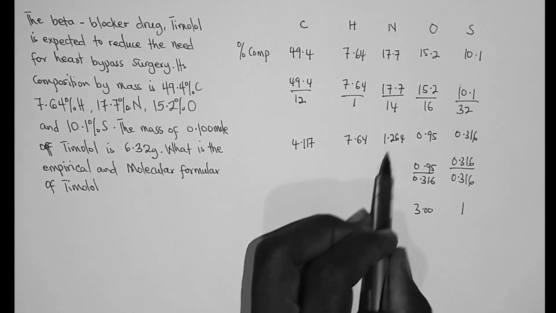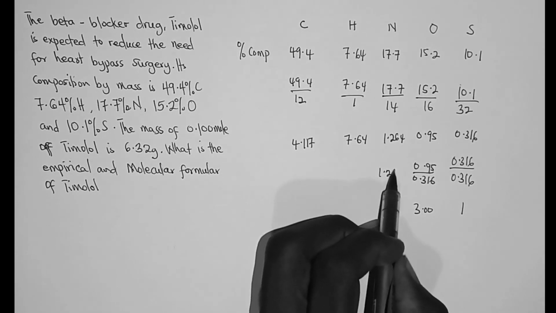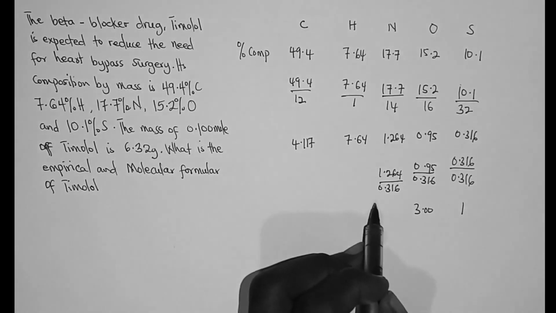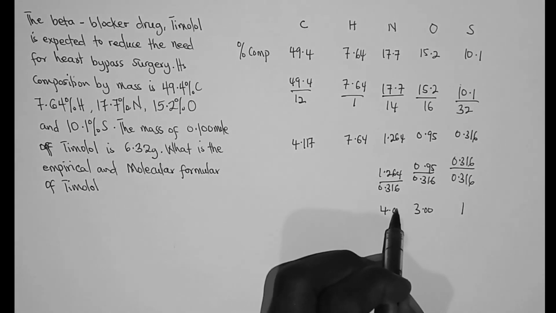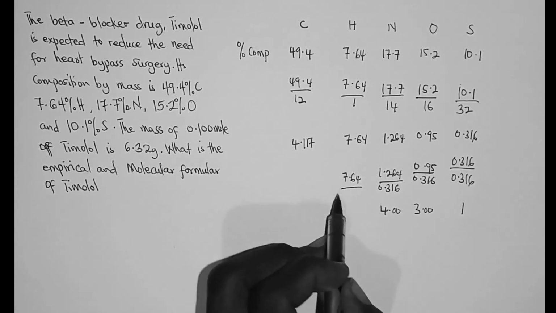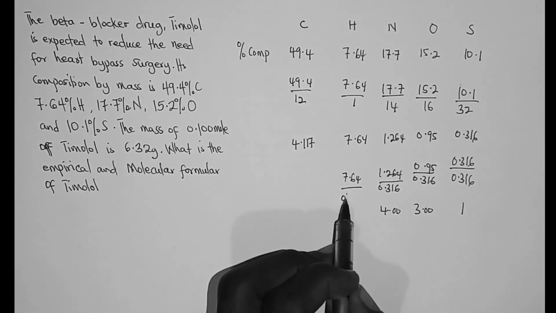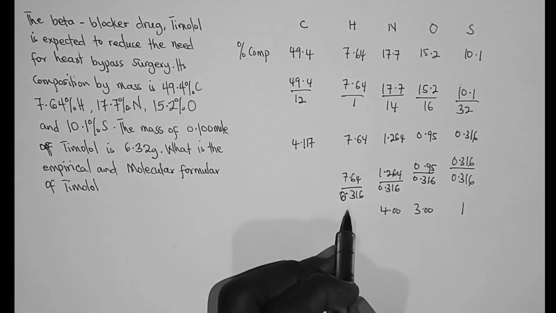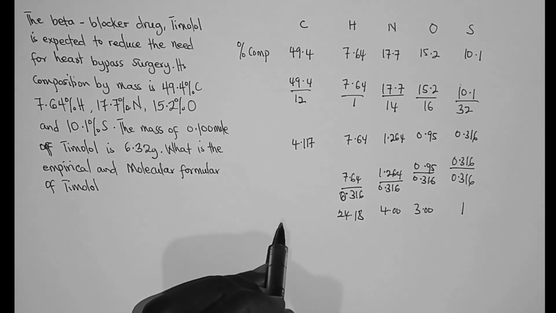Then 1.264 divided by 0.316, and that is equal to 4.00. 7.64 divided by 0.316, and that is equal to 24.18.